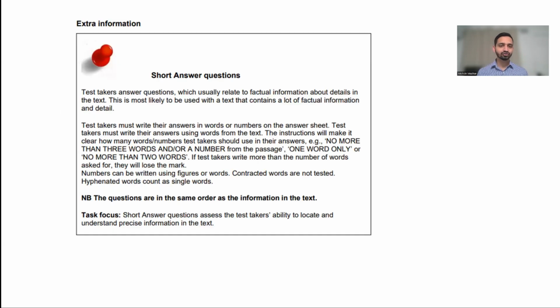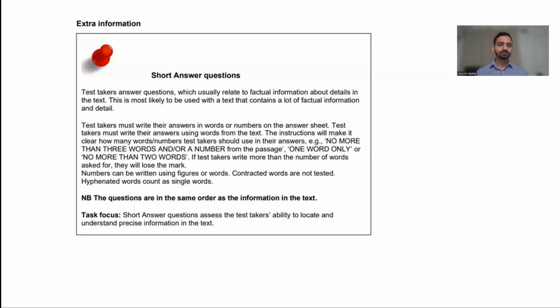What is short answer questions? The test takers answer questions which usually relate to factual information about details in the text. This is most likely to be used with a text that contains a lot of factual information and detail, right? Test takers must write their answers in words or numbers on the answer sheet. Test takers must write their answers using words from the text.